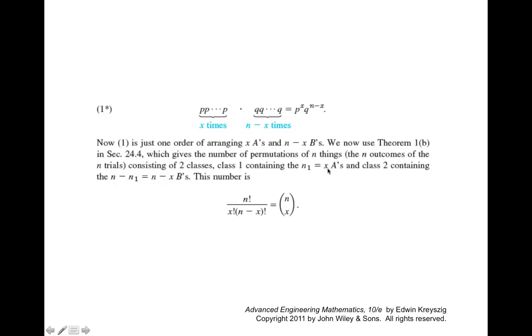So we have x occurrences of A, we have n minus x occurrences of B. So if we want to get the number of permutations of that, that's basically n factorial over x factorial times n minus x factorial, written in shorthand notation as bracket of n over x.